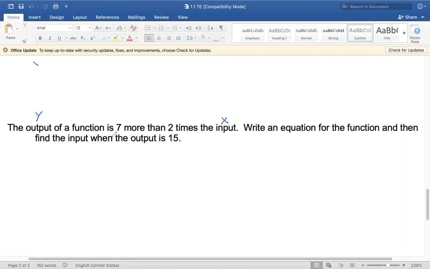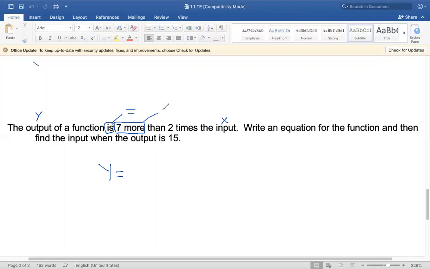Okay. Now another keyword in math is "is." Is in math is another word for equal sign. Okay. So we're kind of just breaking this long problem down into an equation that we can solve, that we recognize. So we have the output, which is y, is, which is an equal sign, 7 more. Well, if you have 7 more of something, what does that tell you?